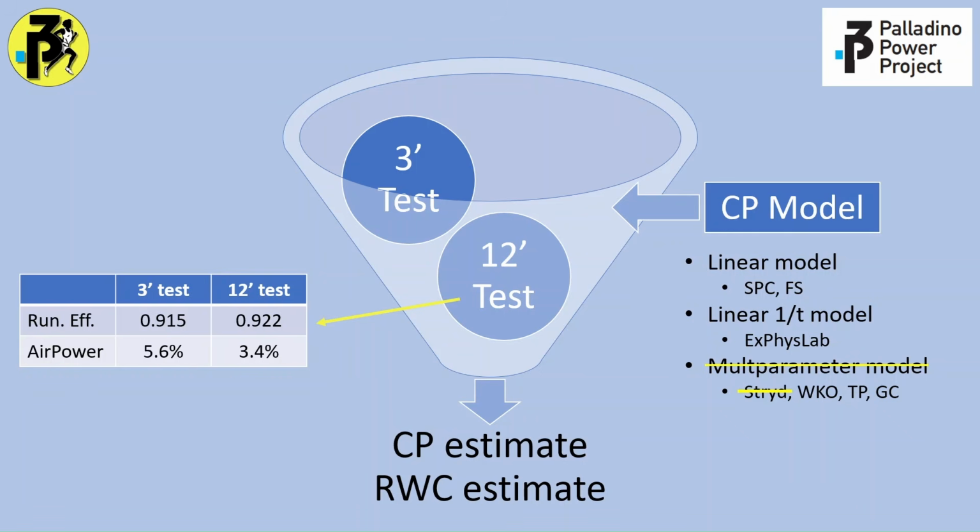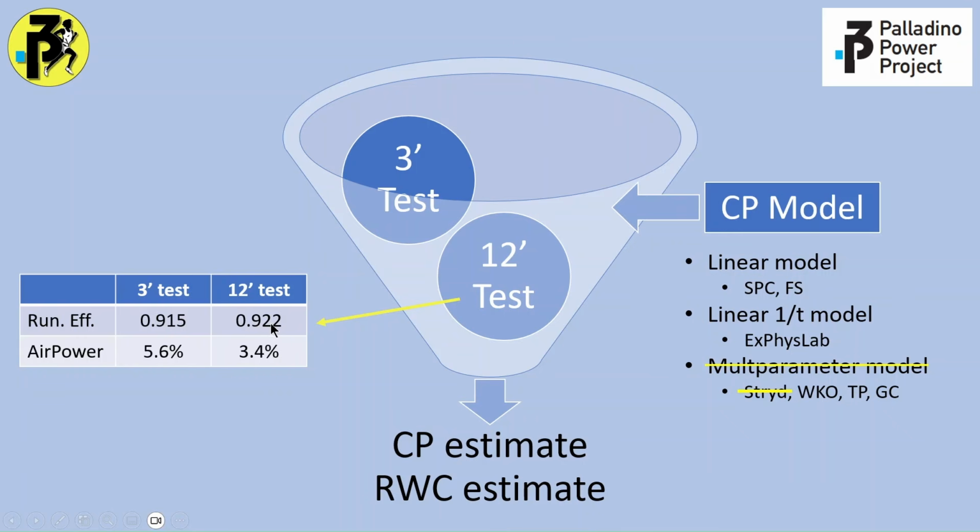Even another one: you can take that 12-minute test, and assuming it's run on a track or flat surface, it becomes a useful sample of running effectiveness. So in this case, it's 0.922.